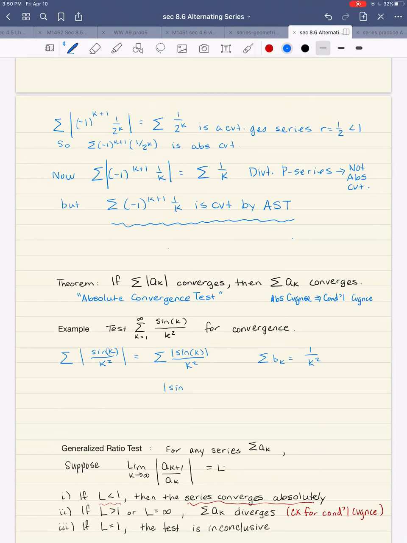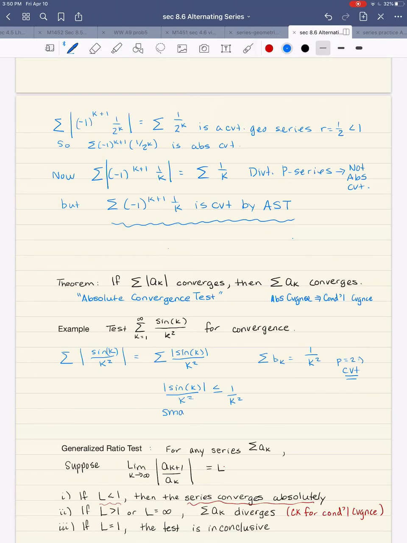And in this example, I have that the absolute value of sine of k is less than or equal to 1. And so if I divide both sides by k squared, I have that my bk's are bigger. And notice that my bk's are a p-series, where p is 2, and 2 is bigger than 1, so it's a convergent p-series.